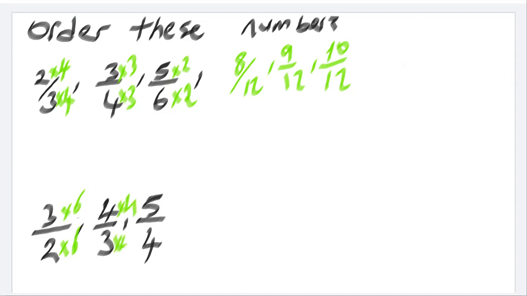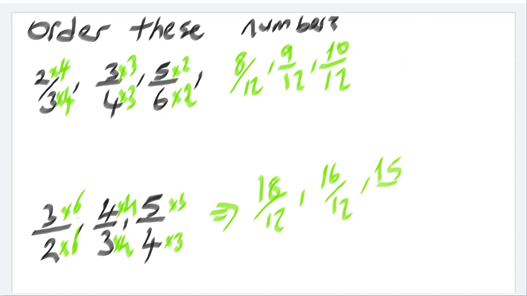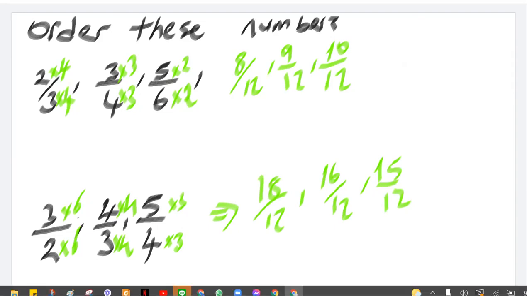So 4, 4, 3, 3. So if we write them again, the first one is 18 over 12, the second one is 16 over 12, and the last one is 15 over 12. This time, as you see, they are in decreasing order. So the first one is the biggest, then the second, then the third one.